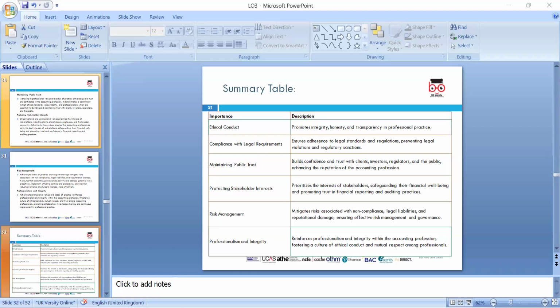We have to follow those legislations, as we discussed about the crime process. People should be trained to maintain the public interest, build confidence among the public, share good practices across awarding bodies, and protect the stakeholders' interest. So it is not shareholder wealth maximization, the old theory. Now we need to look at the wider interest of the stakeholders.